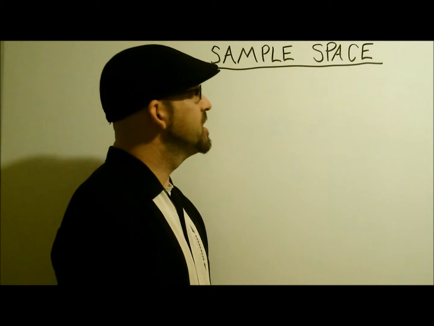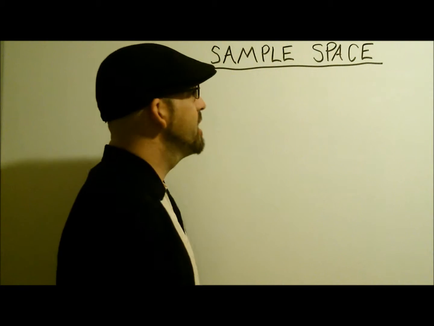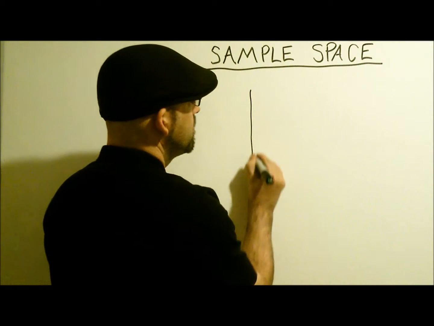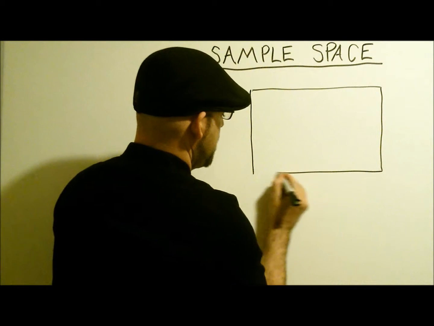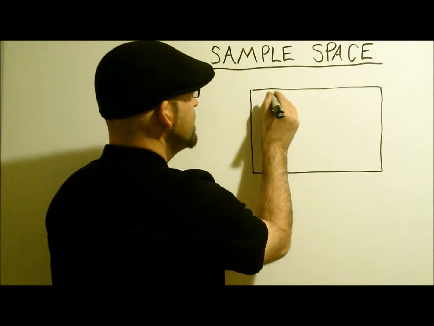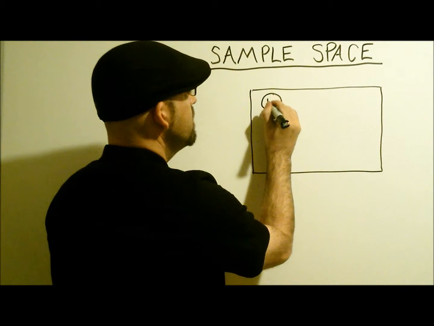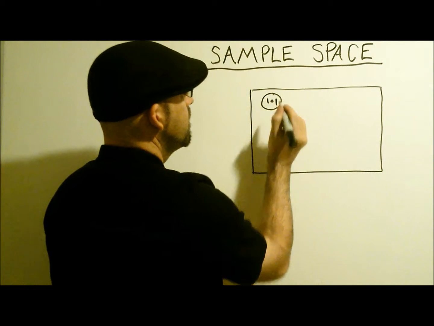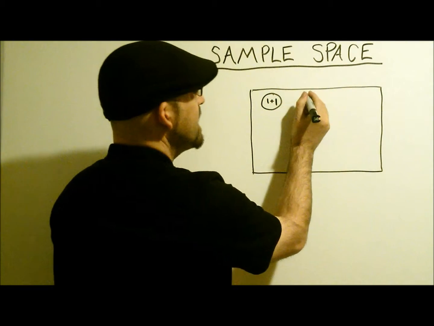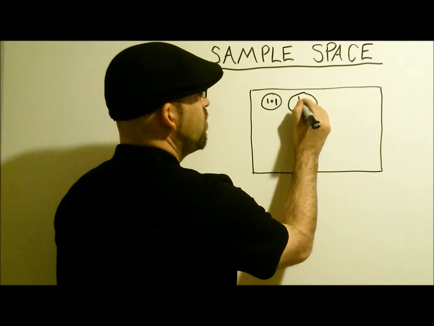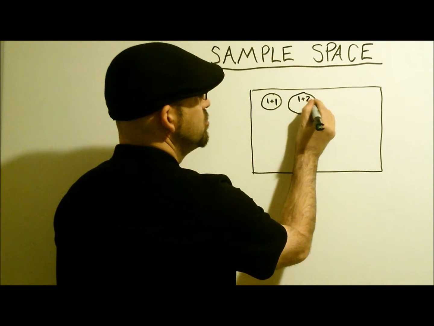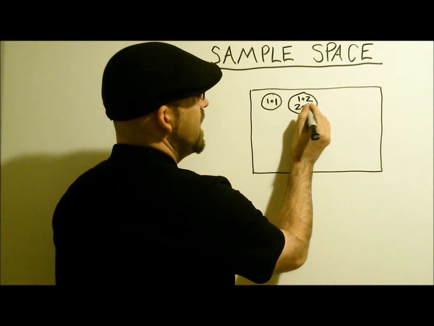Let's try putting the sum of 2 dice rolled in a Venn diagram. Well, in the first place, we can have 1 and 1. The second one, a little bit larger, could be a 1 and a 2, or a 2 and a 1.